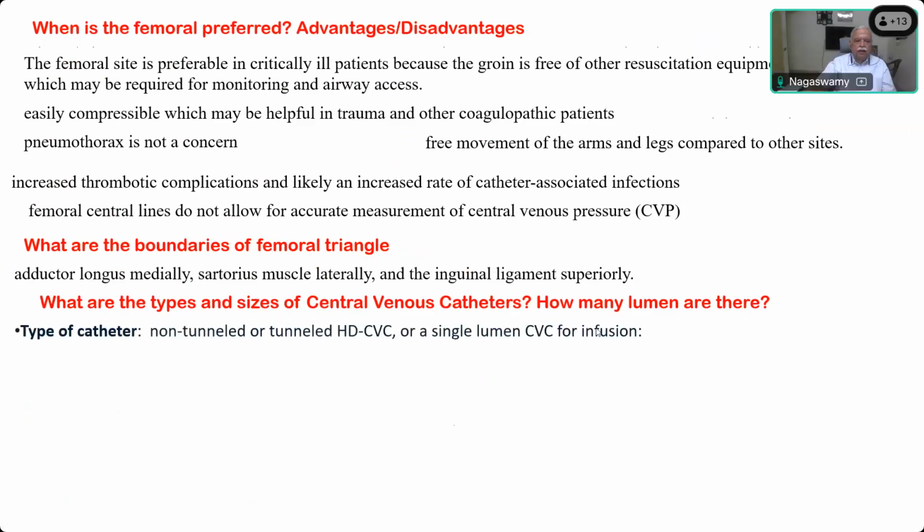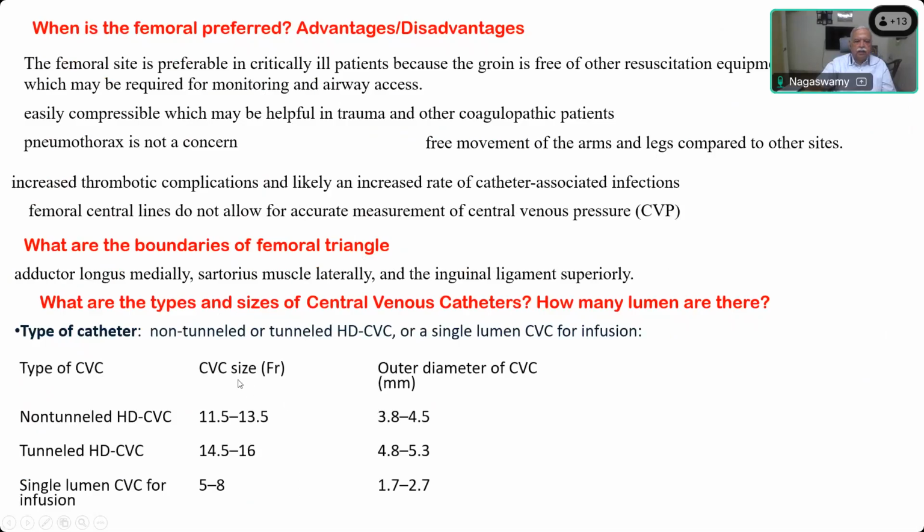So the types are actually non-tunneled and tunneled hemodialysis central venous catheter, and single lumen central venous catheter mainly for infusion. And for the sizes, non-tunneled hemodialysis central venous catheters are comparatively bigger than the other one, 7.5 to 13.5, whereas tunneled hemodialysis catheters are 14.5 to 16 French size.